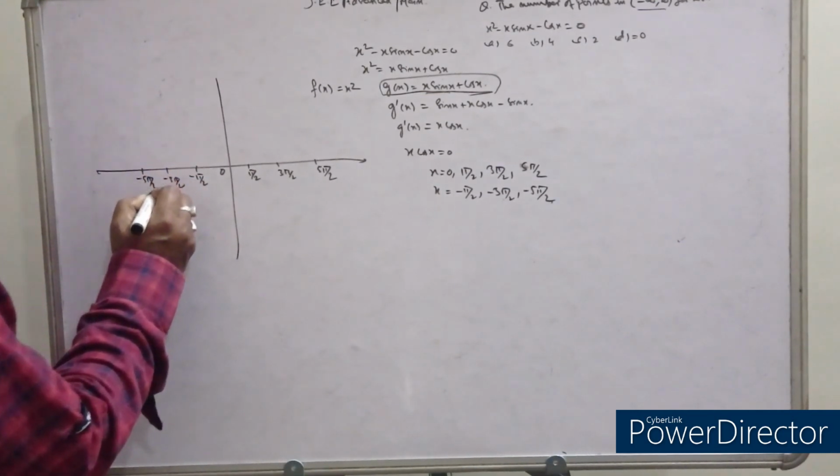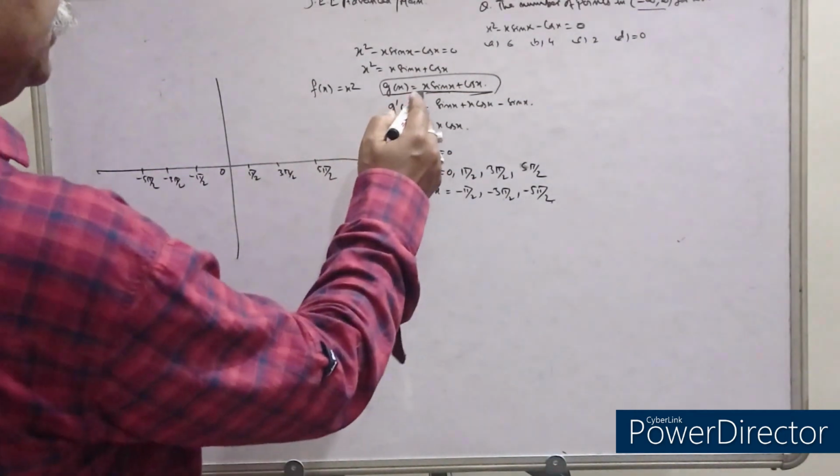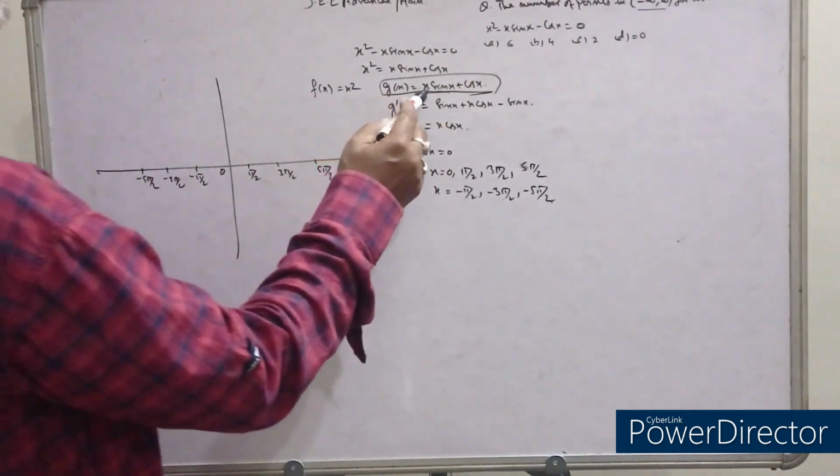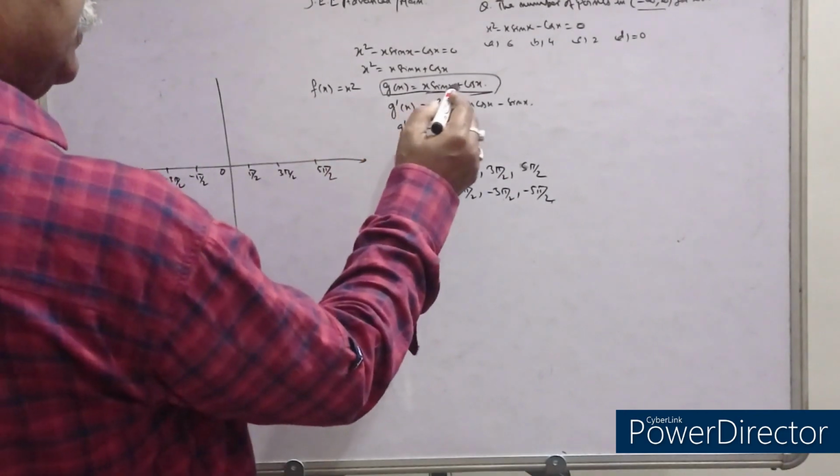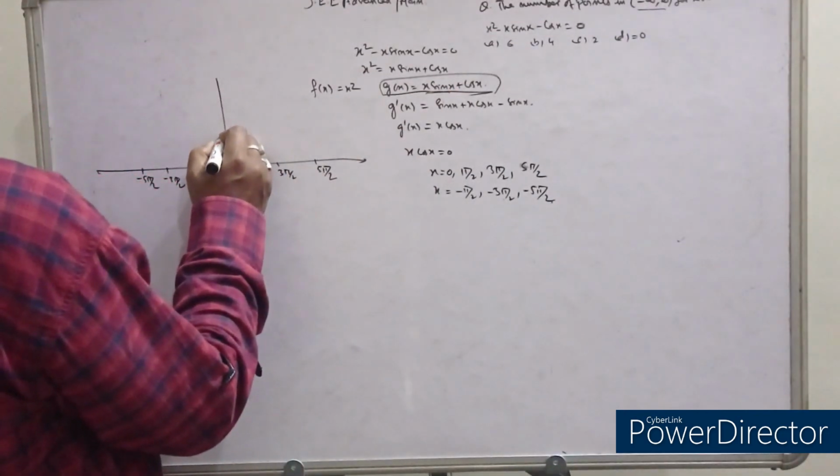So let me see, when you take x equal to 0, the value is 1, somewhere like this.